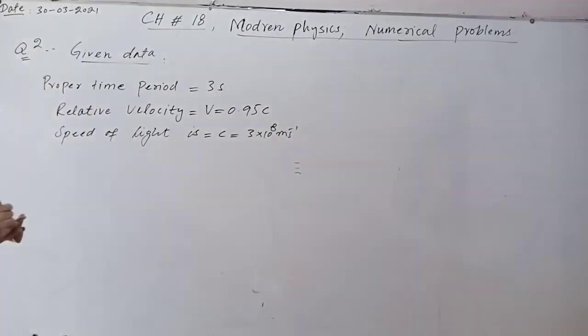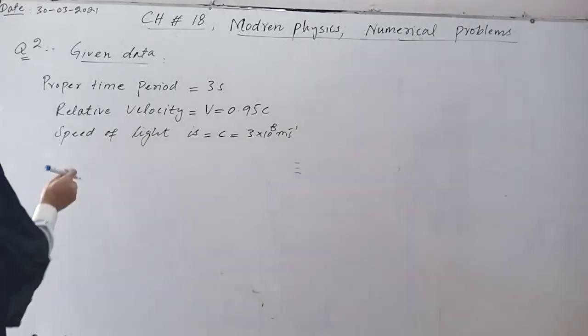Now we have to calculate the time period of this pendulum from another reference frame, which is called the dilated time. We have to calculate the apparent time period or dilated time period. So what is required?